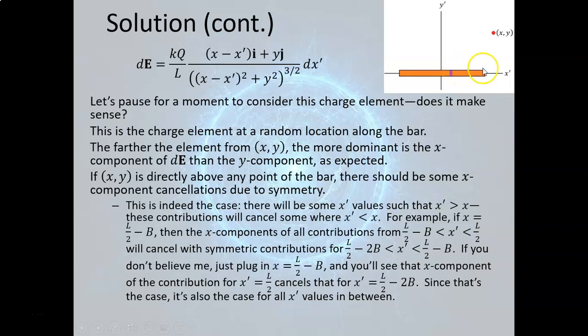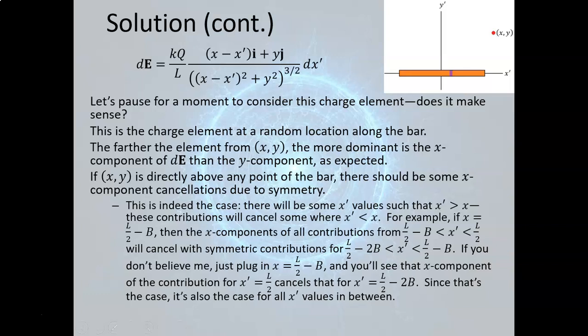That essentially means that if you're at the point x equals L over 2 minus b, then points between L over 2 minus b and L over 2 will get canceled by electric field contributions from points between L over 2 minus 2b and L over 2 minus b, which is the point directly under the point where we're trying to calculate the electric field.